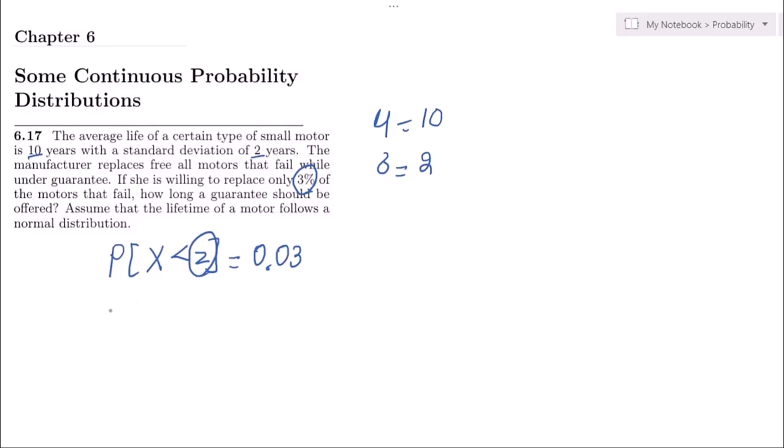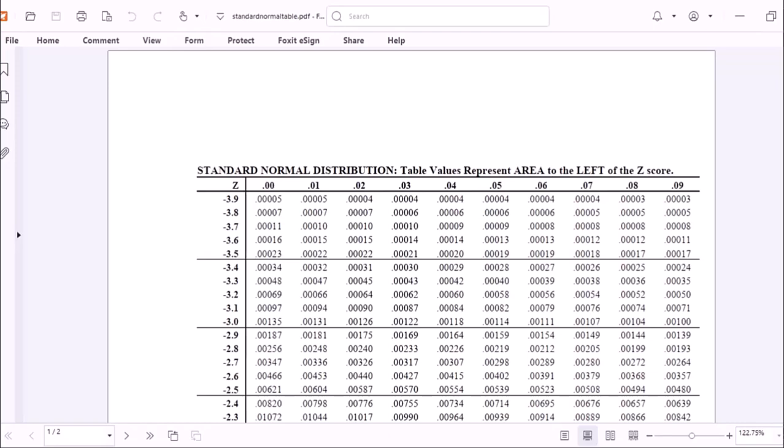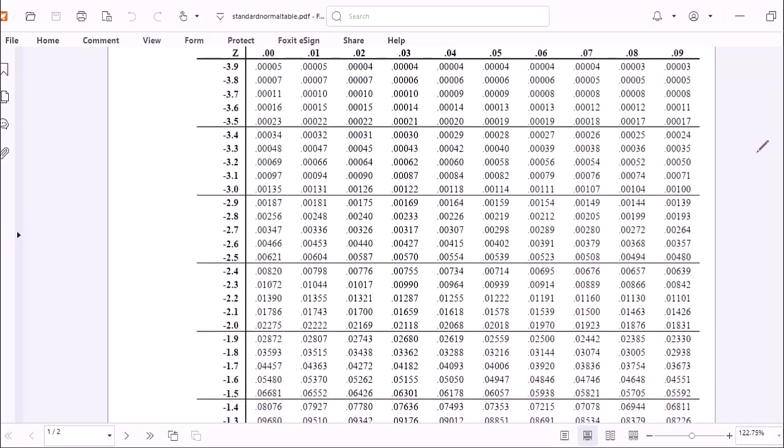In order to find it out, what do we have to do? We have to find out the Z from here, and for it we have to find the inverse Z transform of 0.03. Let me find it in the table. Where is the value 0.03, which will correspond with the value of Z?